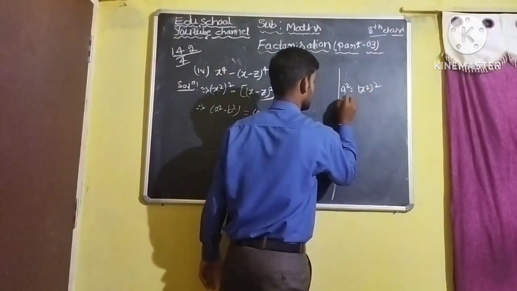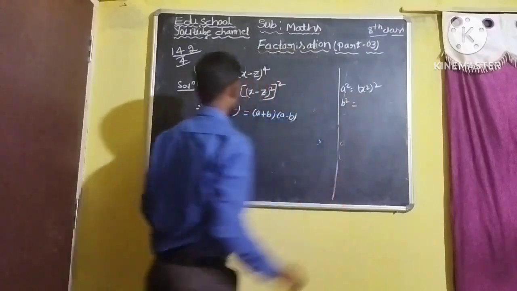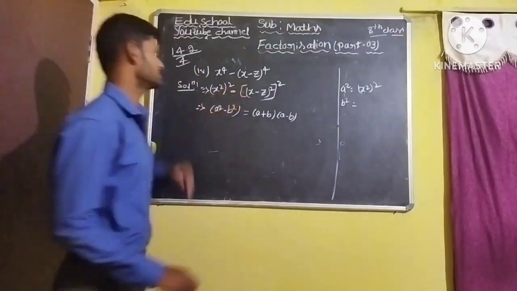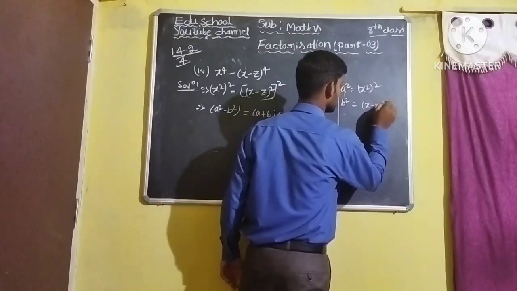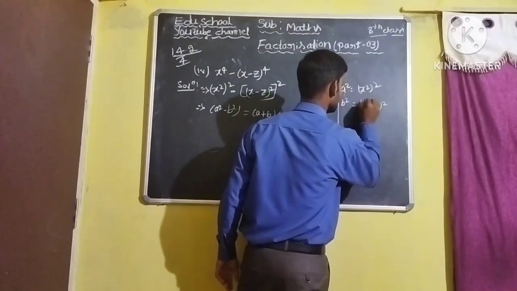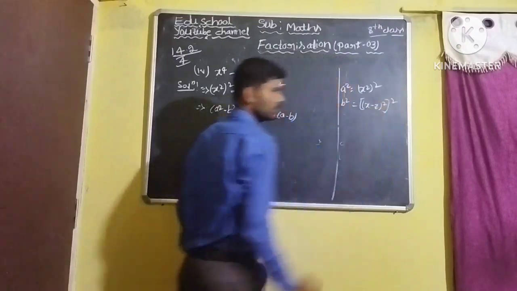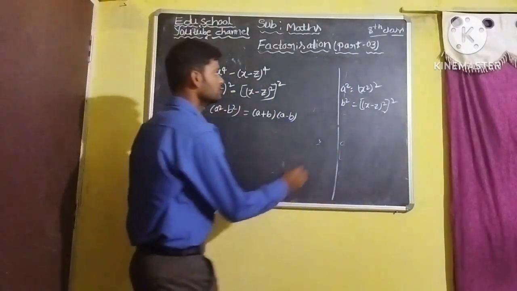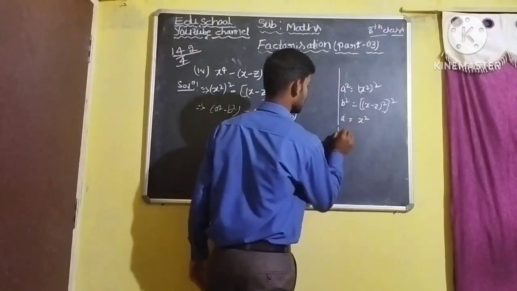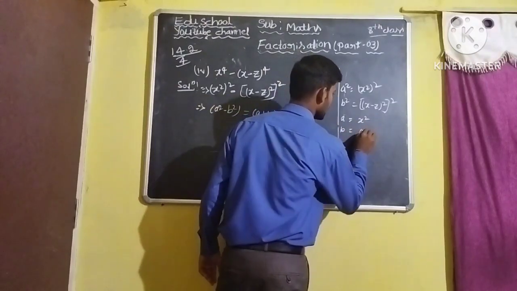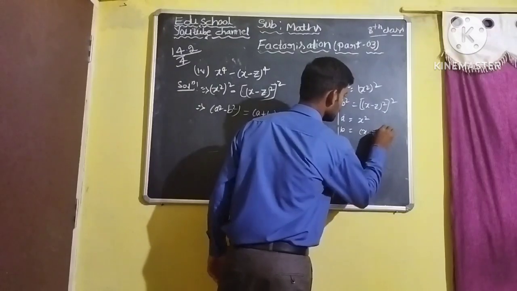And in the place of b square? X minus z square whole square. What about a and b values? A value becomes x square only, and b value becomes x minus z square only.